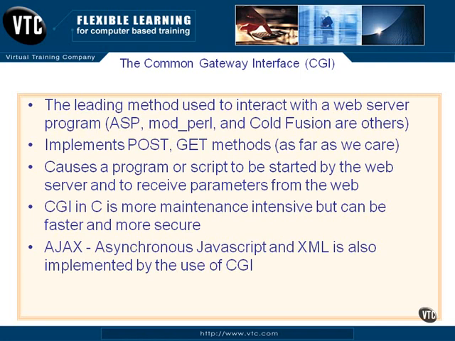Now, these days, folks like to write a lot of PHP and Perl and other kinds of scripts, and those scripts are loaded and interpreted each time the request is made. In our case, C is a little tougher to create, more maintenance intensive, but it creates a one-time compiled program.